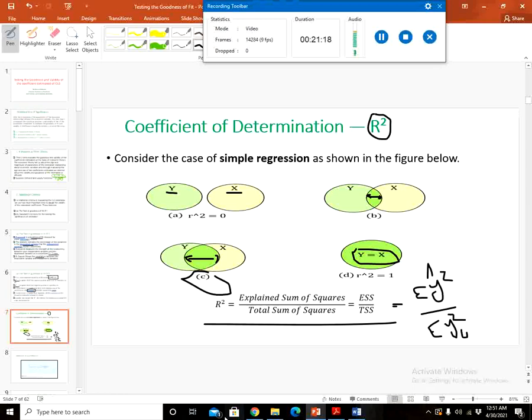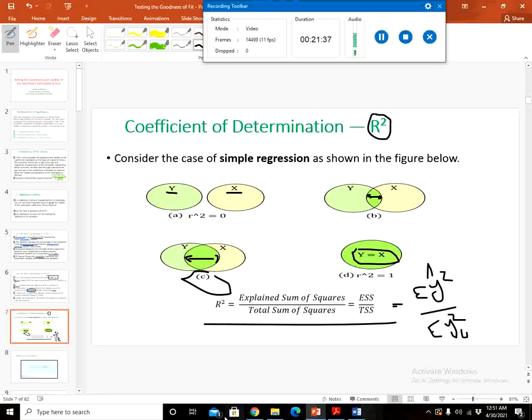So this is the basic formula of R-square that we will derive after two or three slides. R-square is equal to explained sum of squares divided by total sum of squares, that is equal to ESS divided by TSS, that is equal to summation y cap small y.